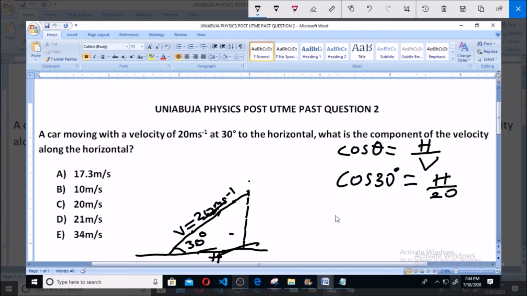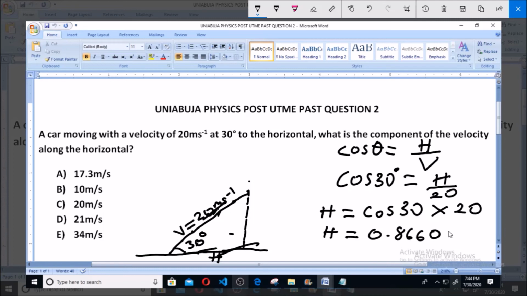So our h is going to be equal to cos 30 multiplied by 20. Cos 30, if you use a calculator to input it, is approximately 0.8660, multiplied by 20.